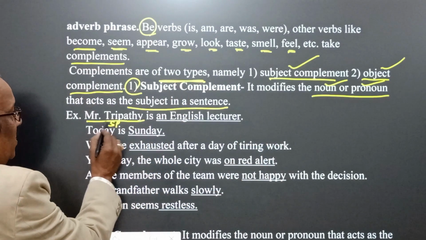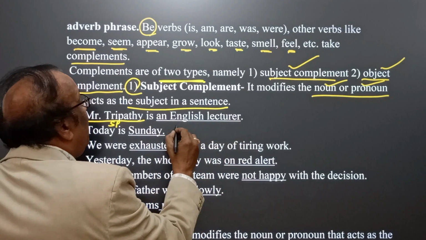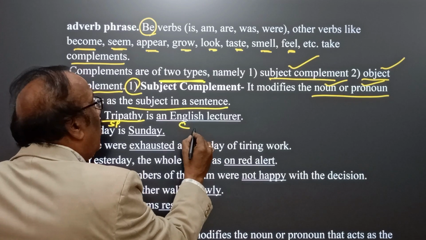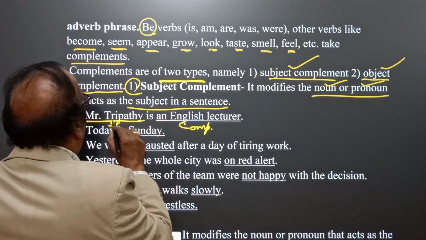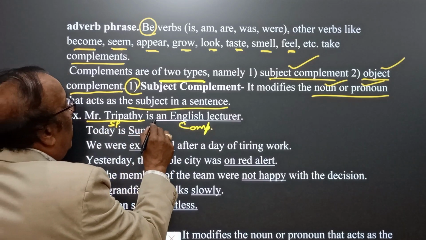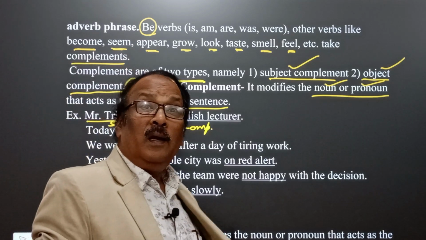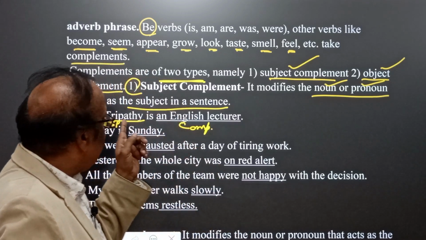Then, Mr. Tripathi is an English lecturer. It means here is the complement. Who is Mr. Tripathi? He is an English lecturer. It means English lecturer is none other than Mr. Tripathi.